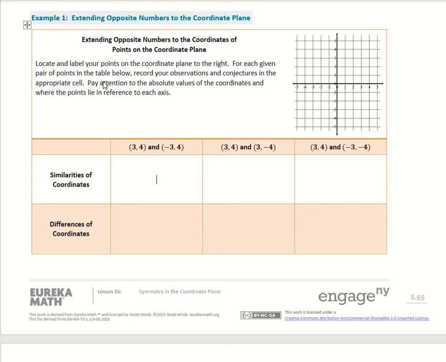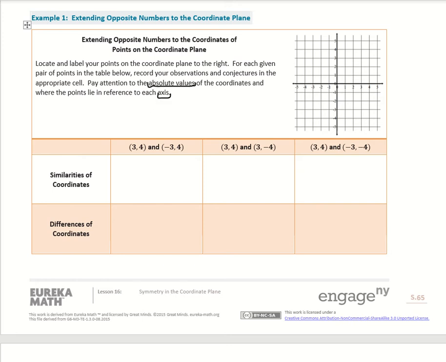First, it tells us to locate and label your points on the coordinate plane to the right. This is the coordinate plane. For each pair of points in this table below, record your observations and conjectures in the appropriate cell. Basically, observe, look at it. What do you see? It specifically tells us to pay attention to the absolute values of the coordinates and where points lie in reference to each axis.